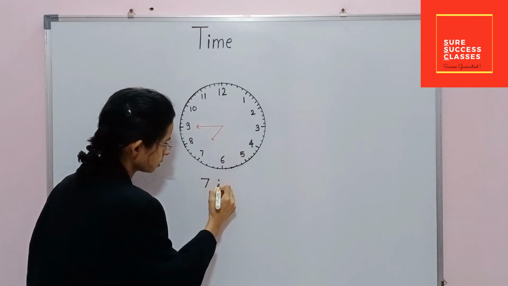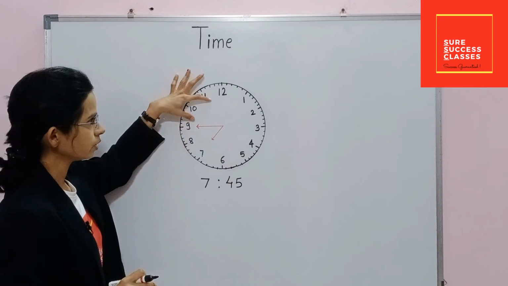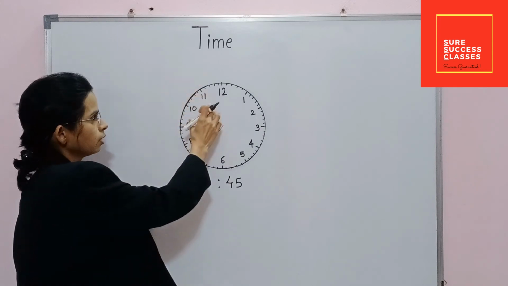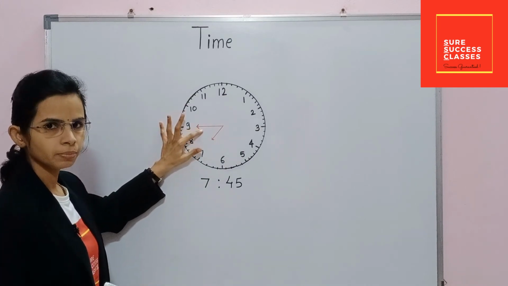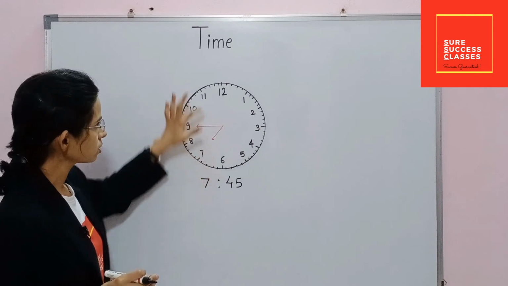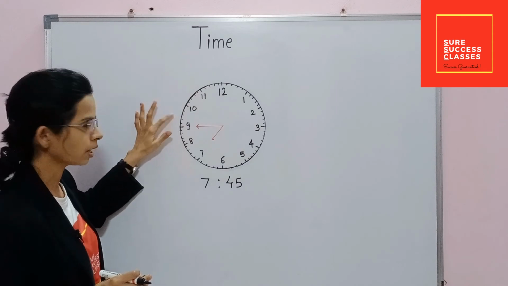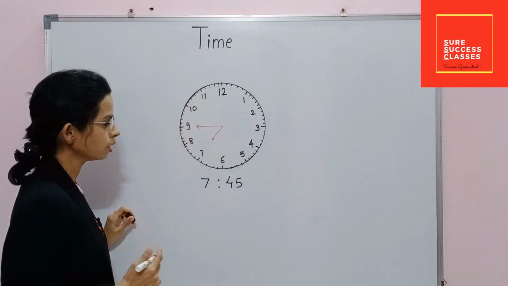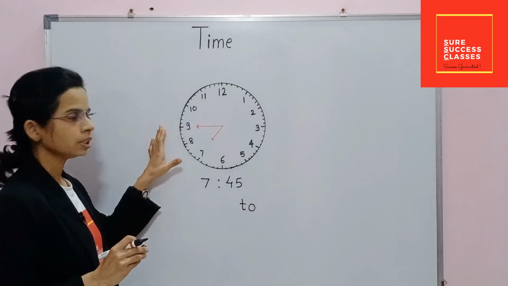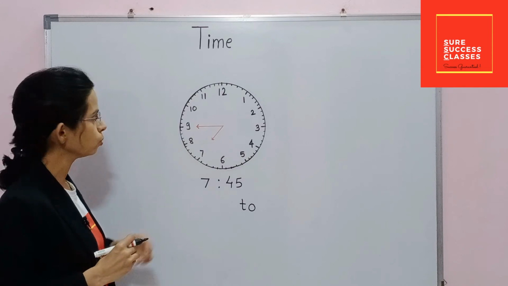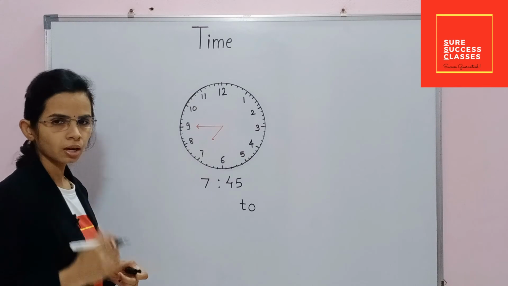We write this time in this way, means 15 minutes are required to enter into the next hour, and we know when the minute hand is between 6 to 12, means second half, at that time we use the word to, means that many minutes are required to enter into the next hour and complete that particular hour.